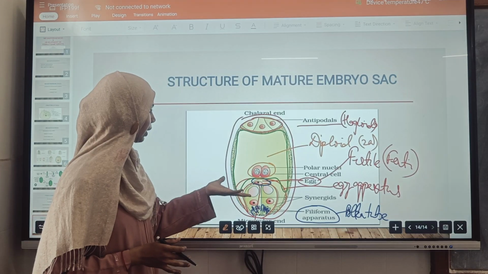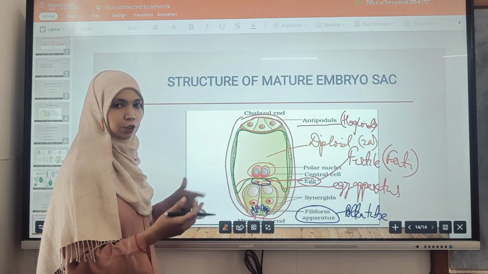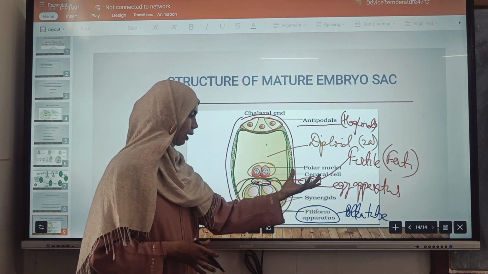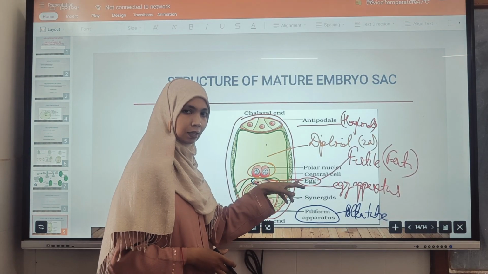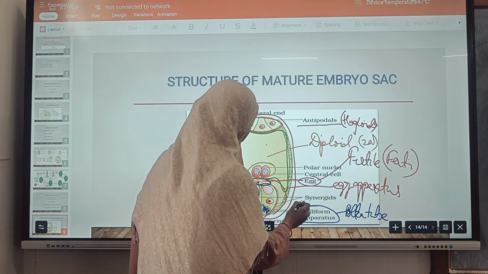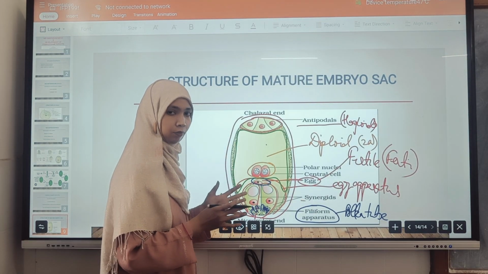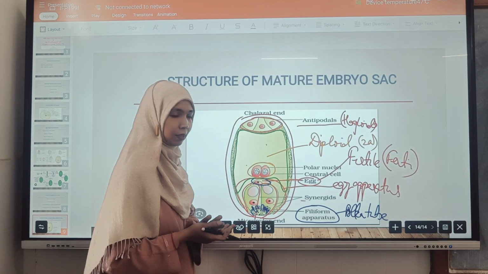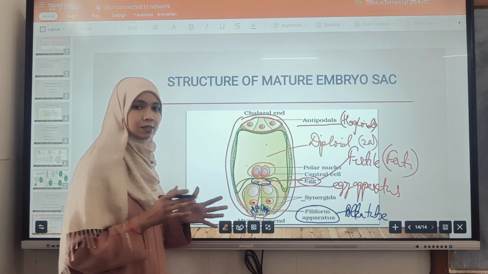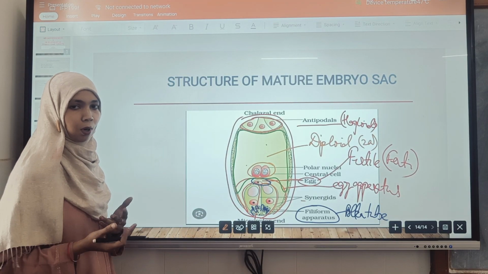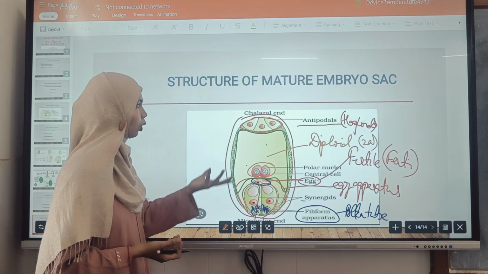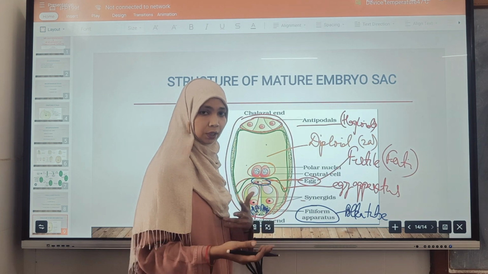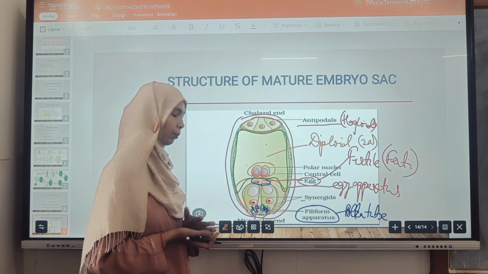What is the structure of the embryo sac? It is a 7-cell, 8-nucleated structure in which 3 cells are antipodals, another 3 are the egg apparatus, in which a single egg cell is the central cell and another 2 are the synergids, and a central large cell with 2 polar nuclei, which later on convert into the secondary nucleus, is the central cell. Finally, this 7-cell, 8-nucleated structure is also called the common polygonum type of embryo sac or female gametophyte, which participates in the further process called fertilization.